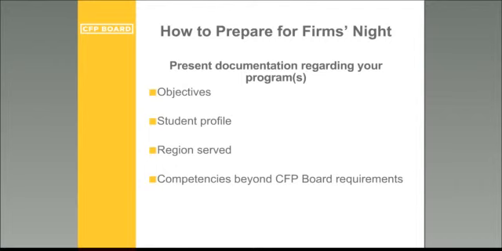And then I wrote competencies beyond CFP Board requirements, and that kind of goes back to the objectives, right? So, for example, we have programs that are housed in agricultural economics, and in some of those programs, they see the CFP as somebody that's also going to be serving small business. So they have a bigger focus in that area. I think you should articulate that. If you're doing that, I think it's great.